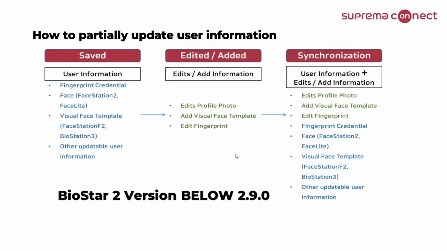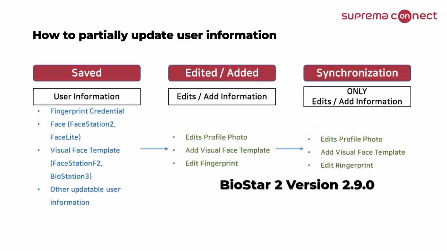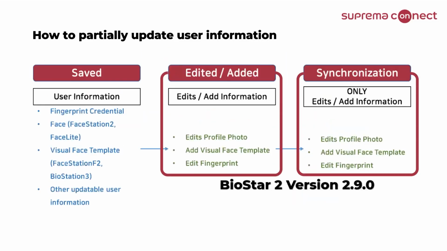But in the below versions, when we synchronize or update them, not only the edited or the added information gets updated, actually the whole entire process, even the saved ones get updated as well in the past. But now with the newest BioStar 2 version 2.9.0, only the edited and added information of the user will get updated, excluding the already previously saved information.